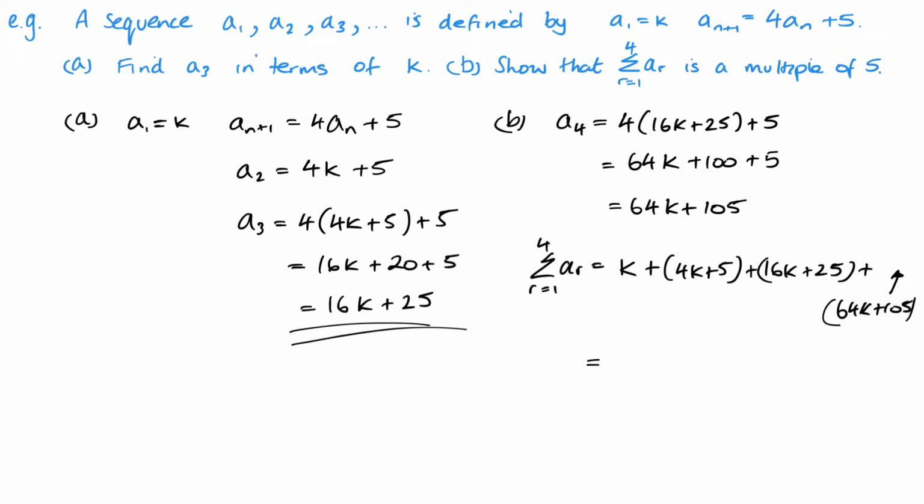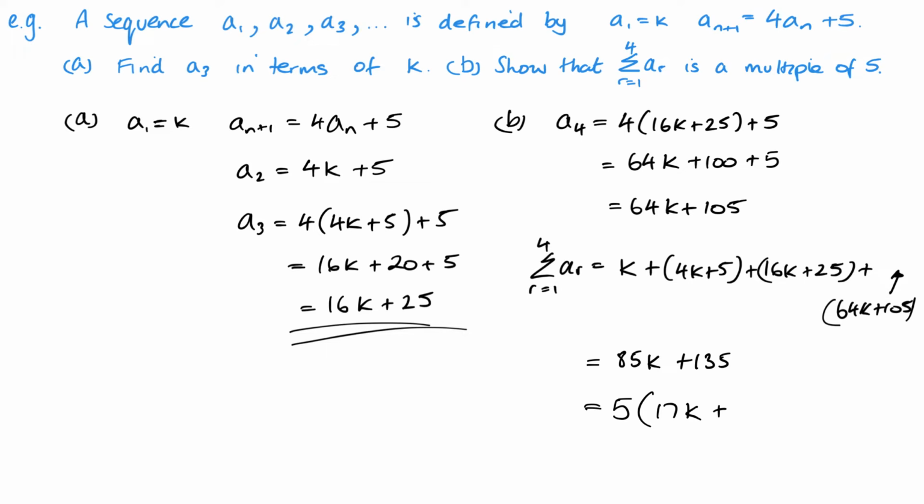So if I add them up in total, I've got 85k plus 135. Now, to show it's a multiple of 5, we just need to take 5 outside. So you just want to think about how many 5s go into 85? That is 17.